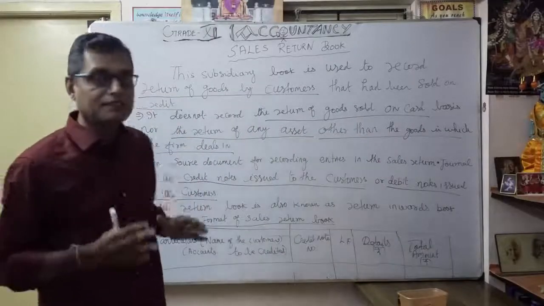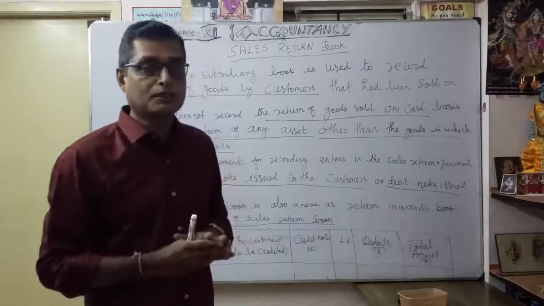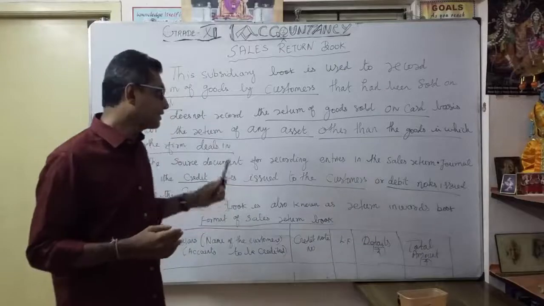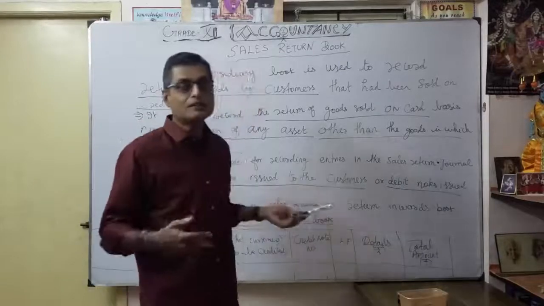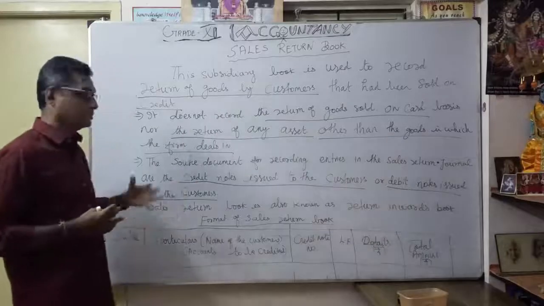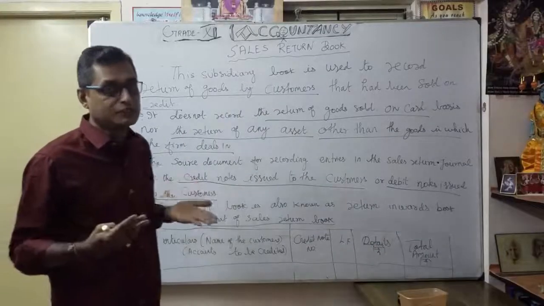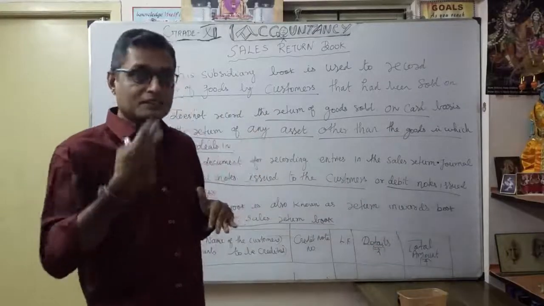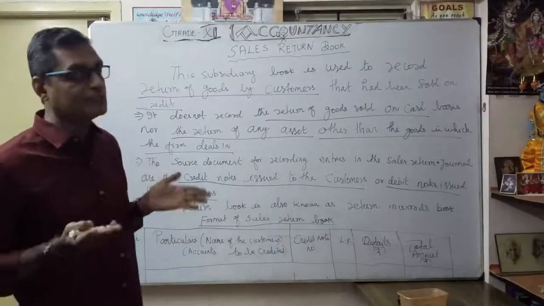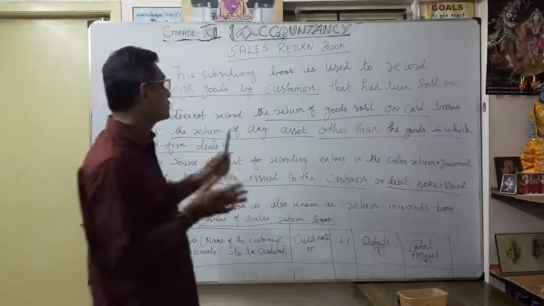Understood? It is the same as in the purchase return book. Similarly here, you are issuing a credit note to the customer, or the other way, a debit note is issued by the customer. Understood? Both ways. Here you are issuing the credit note; as a purchase return, they are issuing. Once you understood the purchase return book, you can understand the sales return book.